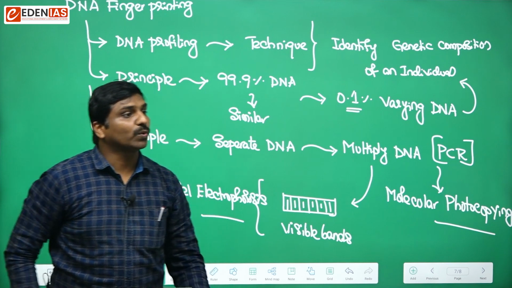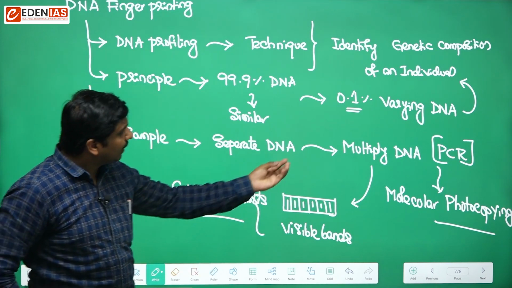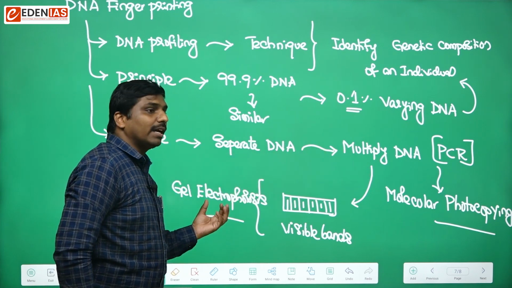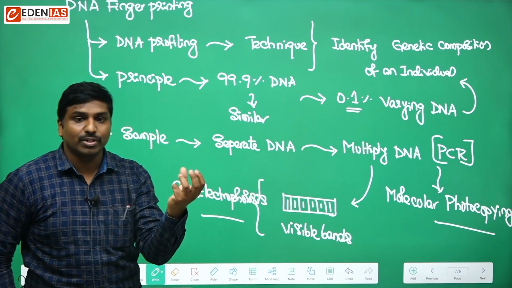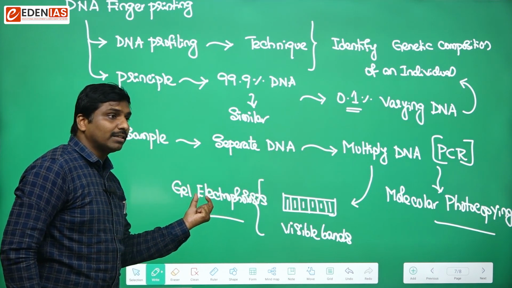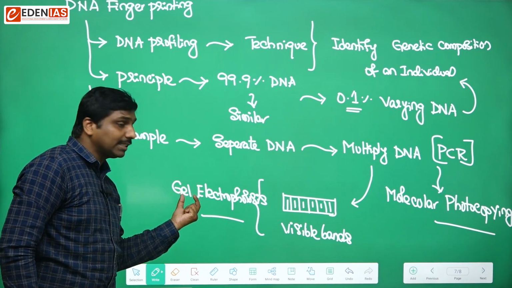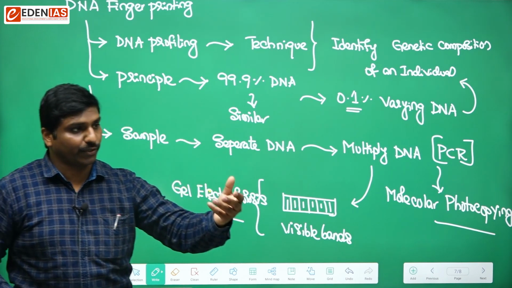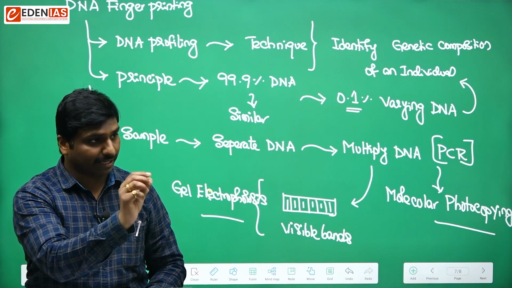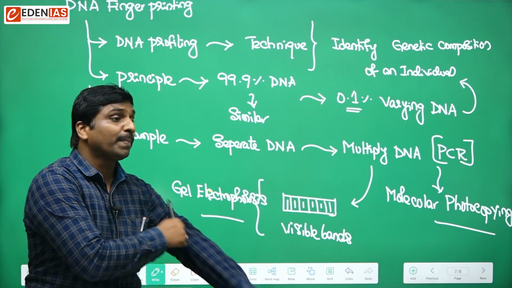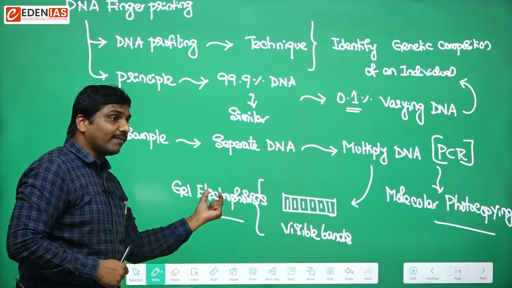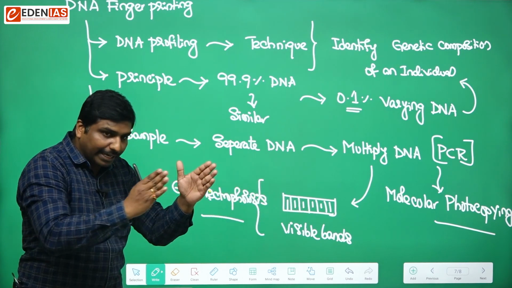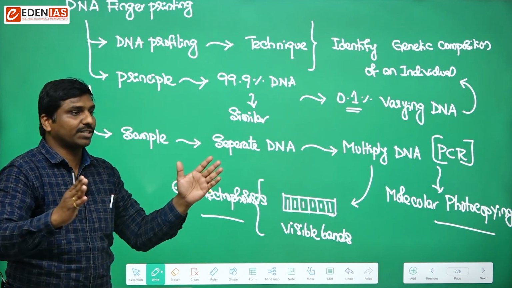There, they will drop all these DNA fragments into a gel based suspension. Then they will subject this gel to an electric current, meaning they will supply electricity to it. Due to that electric effect, all the DNA fragments would be arranged into the form of visible bands.